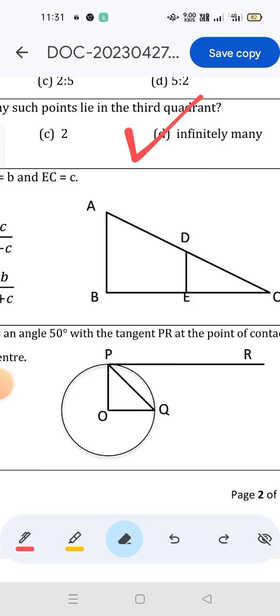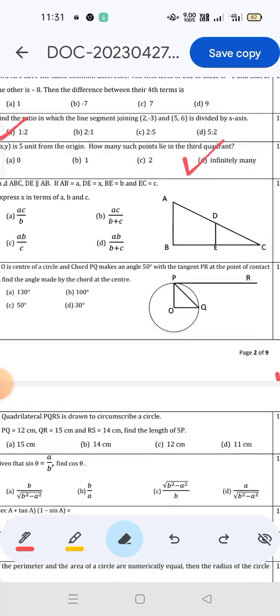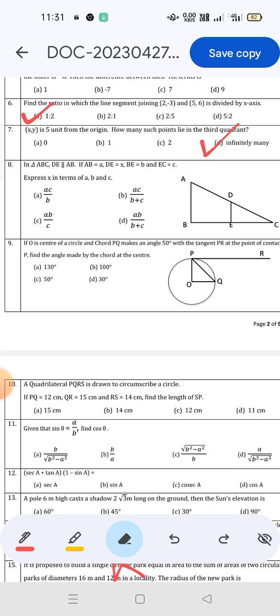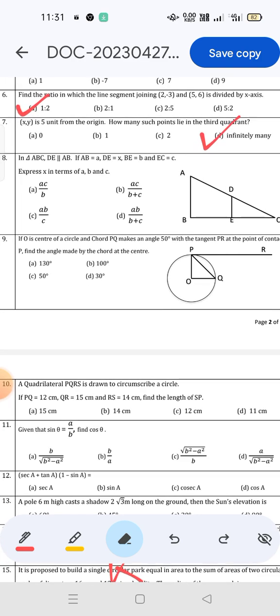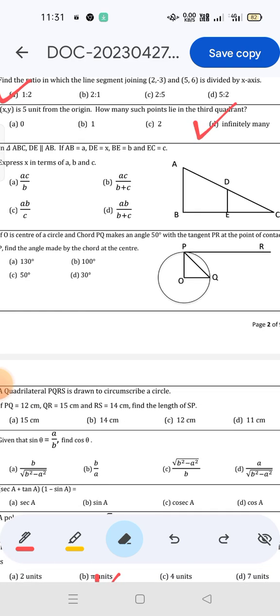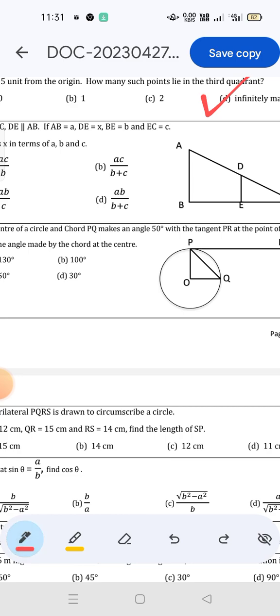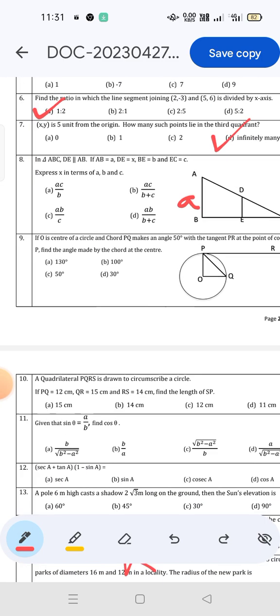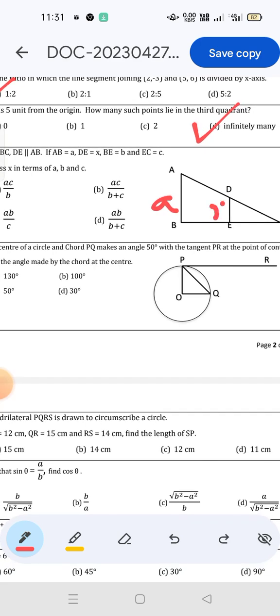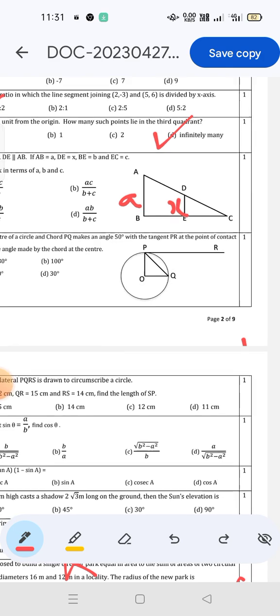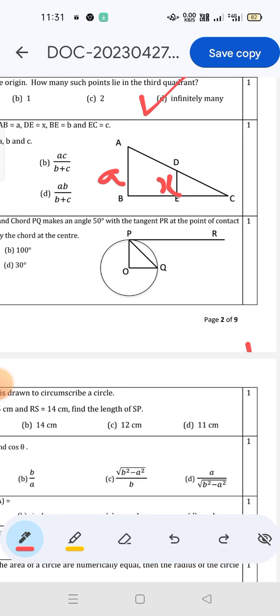Okay, now let us mark what all they have given in this question. They have given AB as A, so I'll write A here, and they have given DE as X, so I'll write X here. Then they have given EC as C, and they've also given BE as B, so I'll write B here.